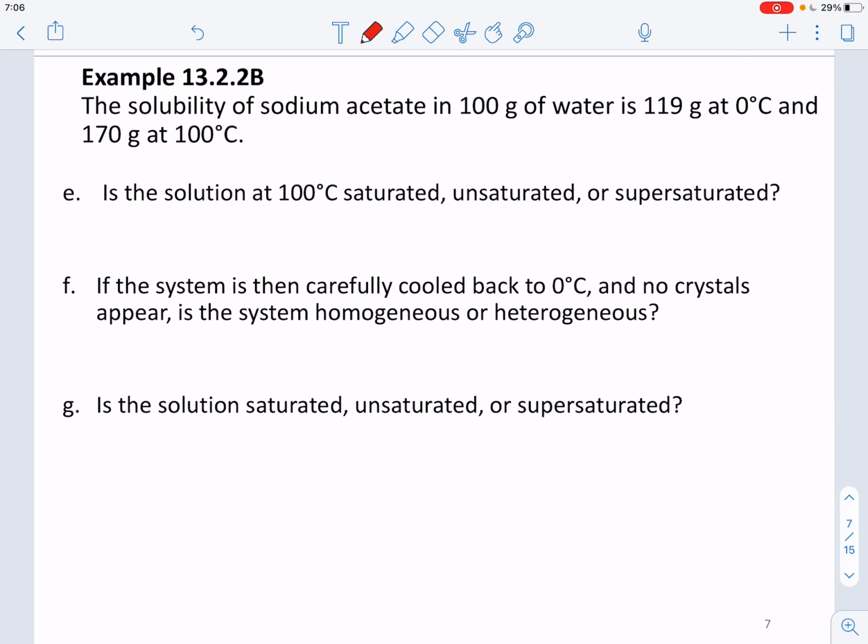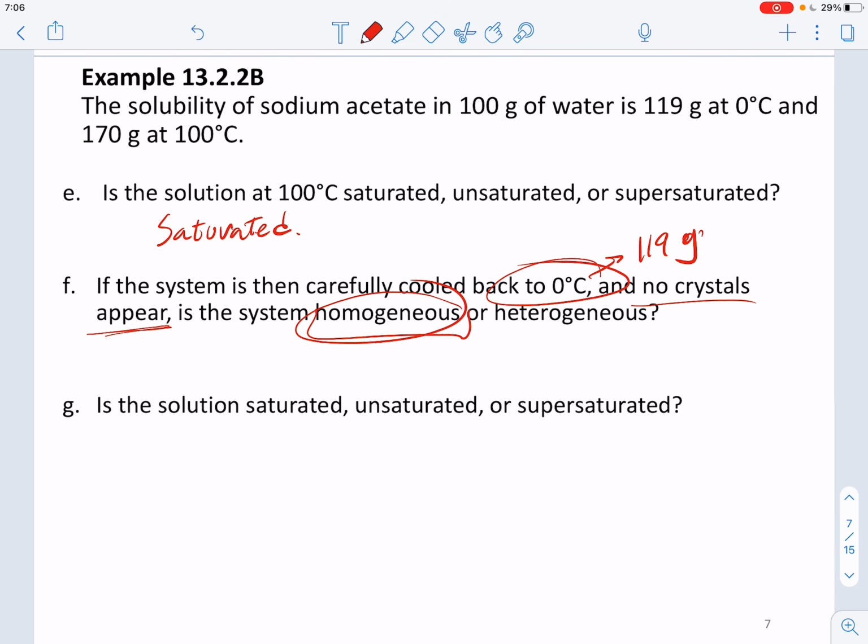The next question, at 100 degrees, is it saturated, unsaturated, or supersaturated? We already answered that it is saturated. Now, if we cool the system back to 0 Celsius, and at 0 Celsius you can only dissolve 119 grams, however, you cool it in such a way that there are no crystals. Nothing appears. Technically, if nothing appears, you have a homogeneous system because you only have the solution.